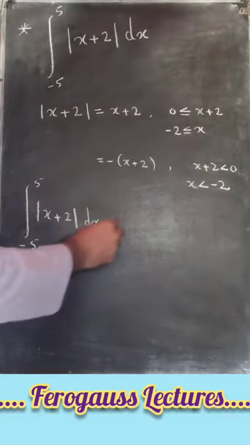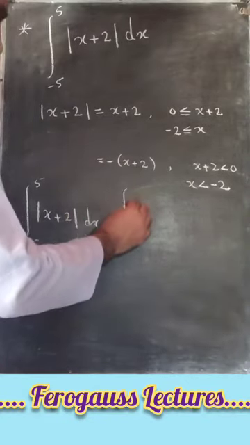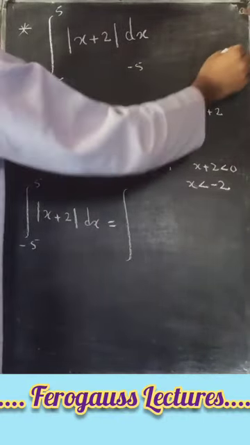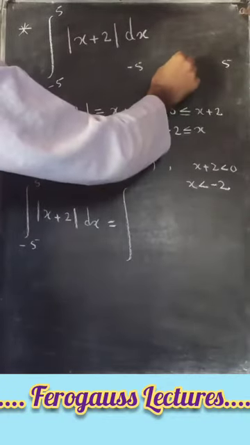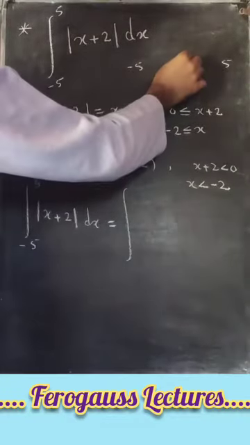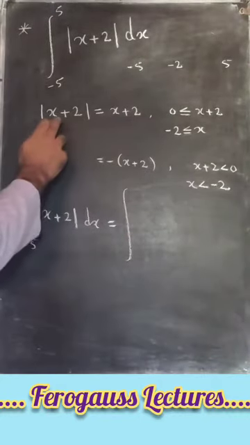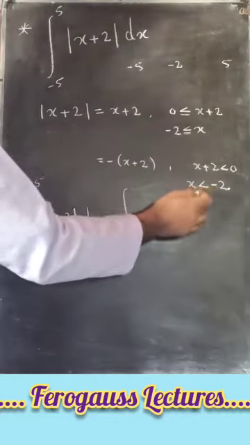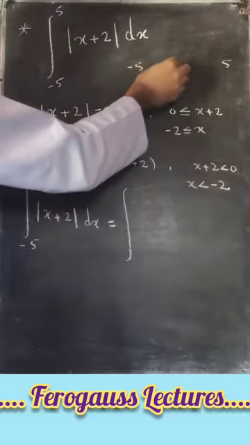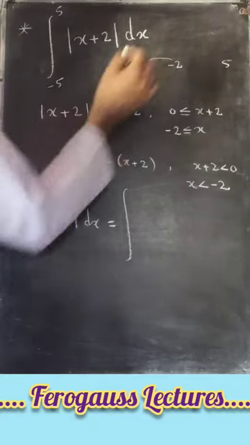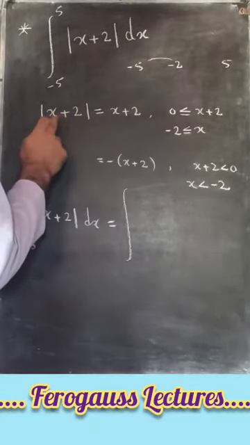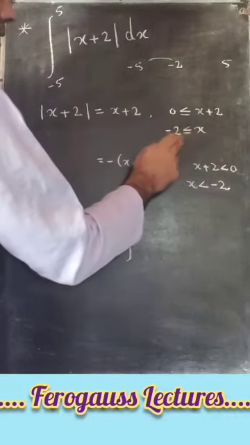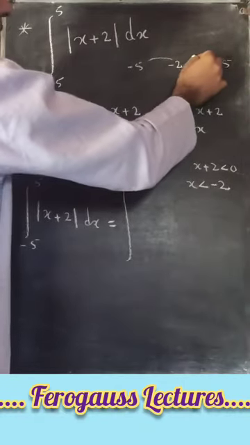Now we can break it as it is here -5 and it is 5, and in between these 2 points there is a point, that is this -2, and we know that mod of x plus 2 is equal to minus times x plus 2 when x is less than -2, that means in this interval, and mod of x plus 2 is equal to plus times x plus 2 when x is greater or equal to -2, that means in this interval.